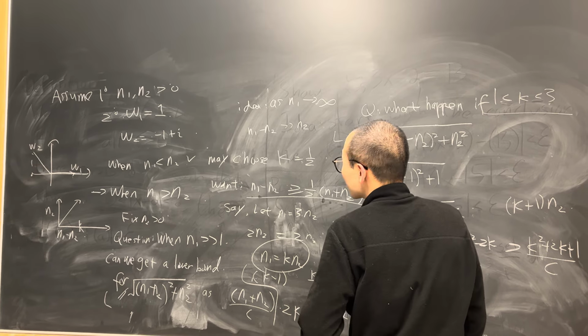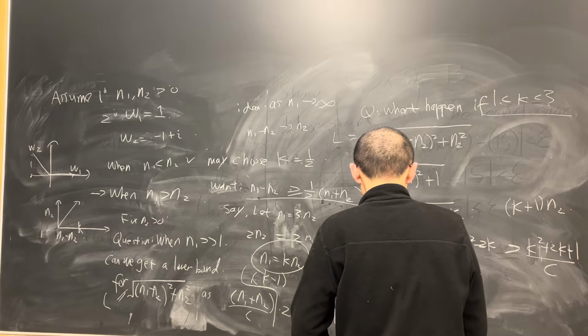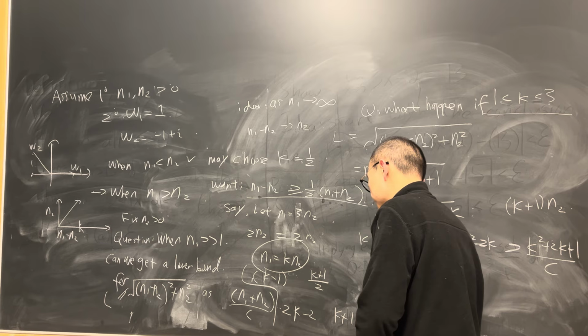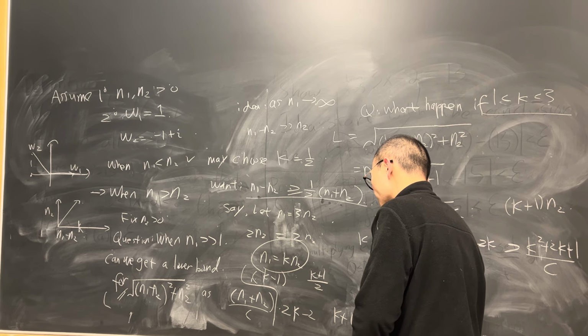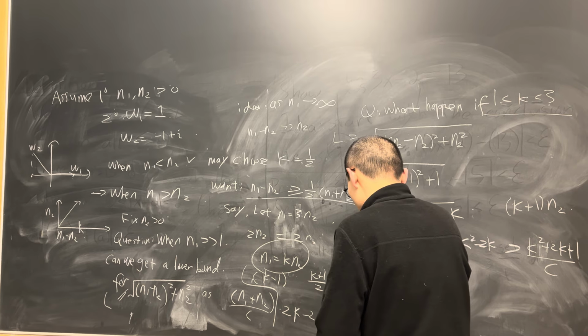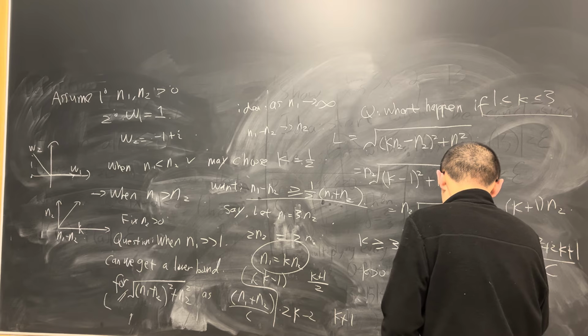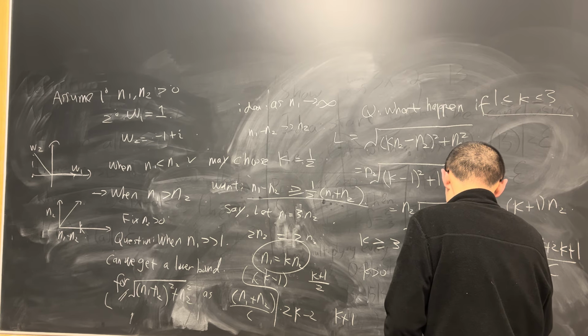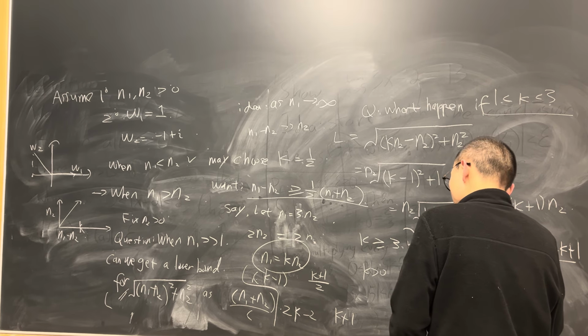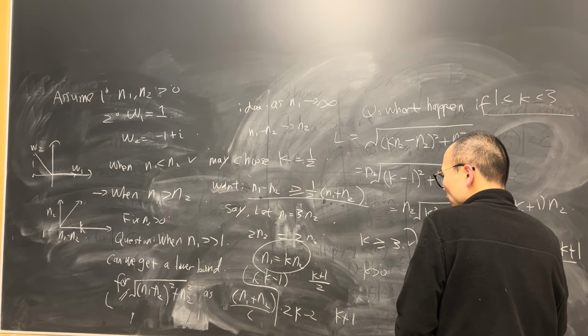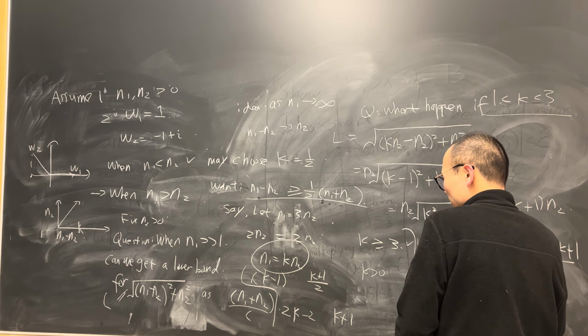Does this say that this k is positive? Okay, so I think there's the assumption that this k is positive. Okay. So let's see. Let's multiply by c on both sides. Yeah, otherwise if it's negative then it's trivial, right?